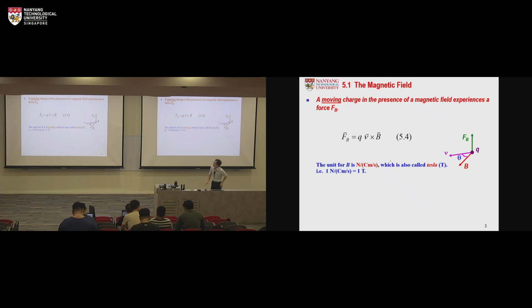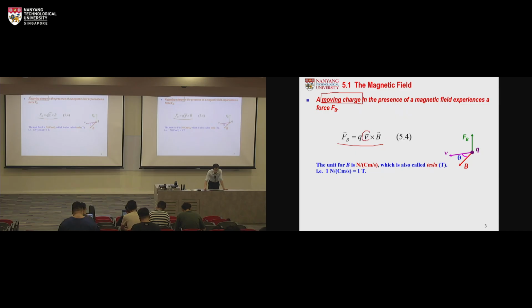And once we have these magnetic field lines and magnetic field, we can discuss the magnetic force. Now, when we discuss the magnetic force, we always discuss a moving charge. Only when you have a moving charge will you have a non-zero magnetic force. And this is the formula to quantify the magnetic force.